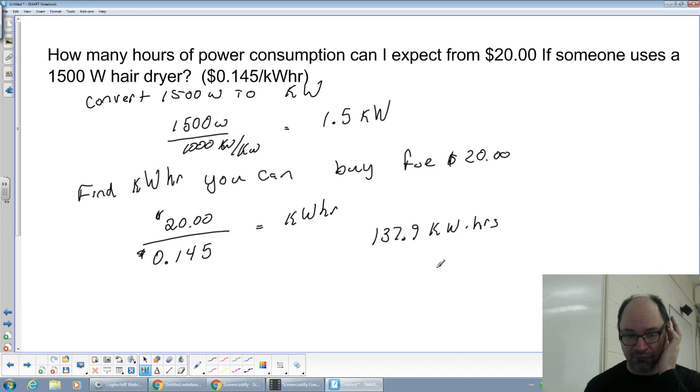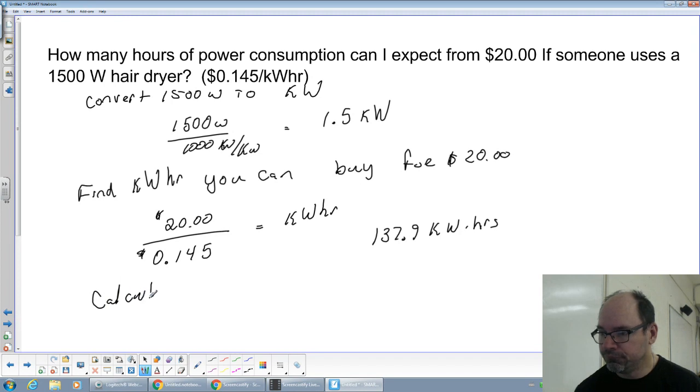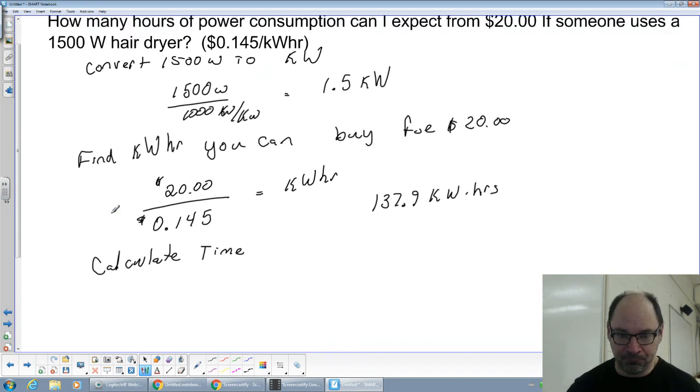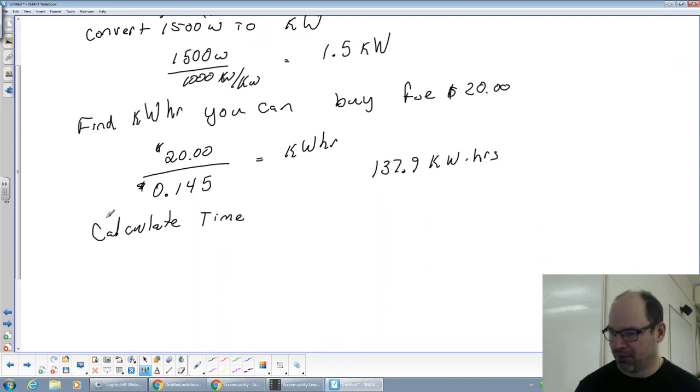Okay, so then I have to figure out the time. So the last thing is calculate the time. How many hours do you get for $20 of that using that implement?